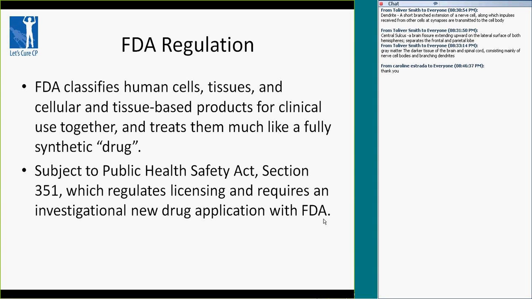The FDA, the Public Health Safety Act, Section 351, regulates the licensing of different therapies, drug applications, etc. And so our cell therapies are subject to that regulation. Human cell tissues, cell products, they're generally treated the same way, and they have to go through the same process as a synthetic drug. Next slide, please.